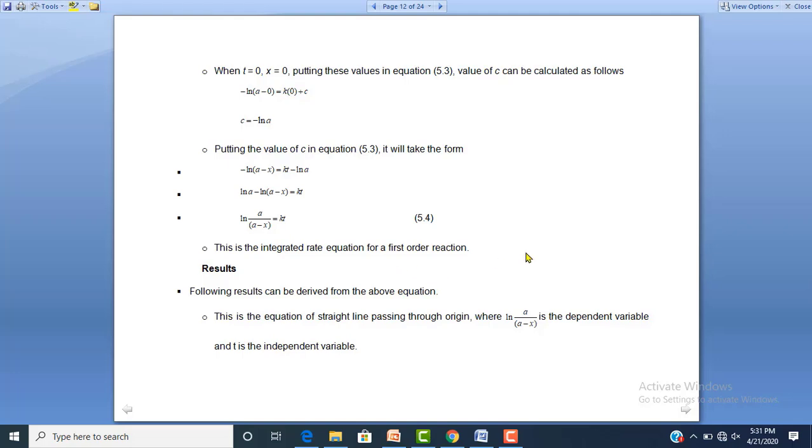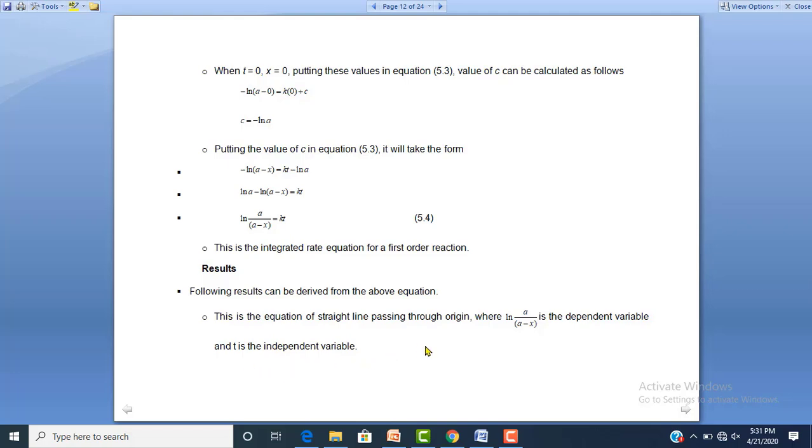Now, dear students, we will study some results related to this equation 5.4. This equation 5.4 is the equation of a straight line that passes through the origin, where natural log a over a minus x is the dependent variable and t is the independent variable.